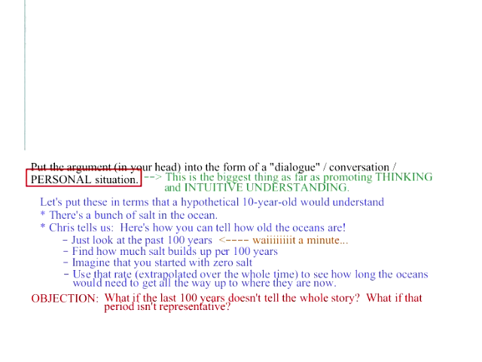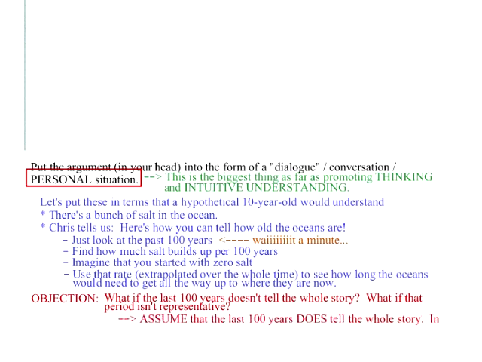So what we need to assume is that that's not an objection, basically. We have to assume that the last 100 years does tell the whole story.